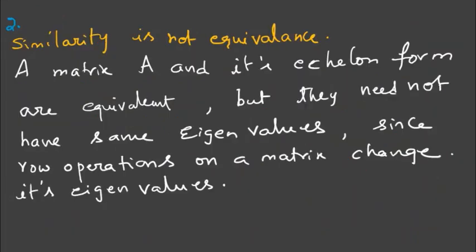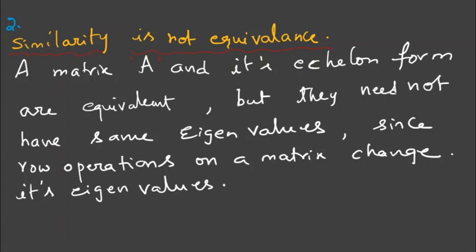Then the second point about the similarity of matrices: similarity is not equivalence. This we usually know. Suppose a matrix A and its echelon form: if you take them, then we call them equivalent, but they need not have the same eigenvalues.